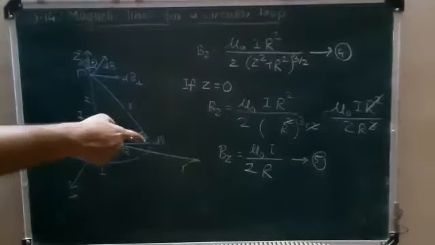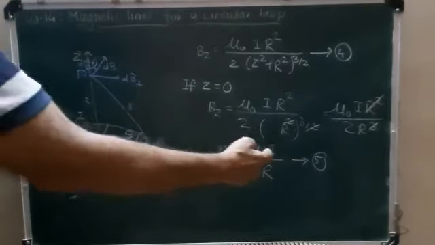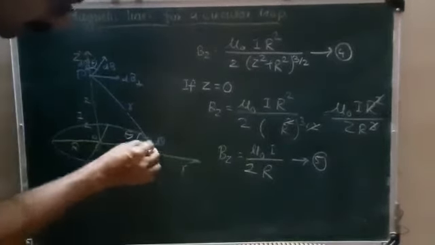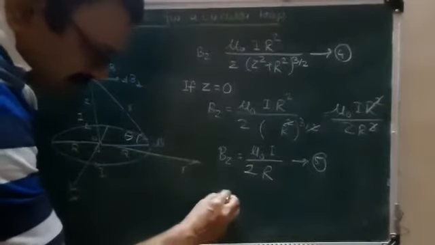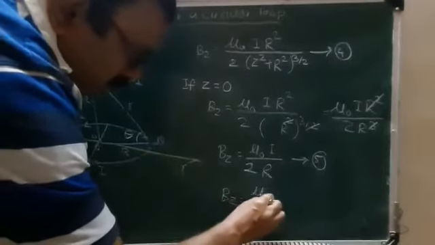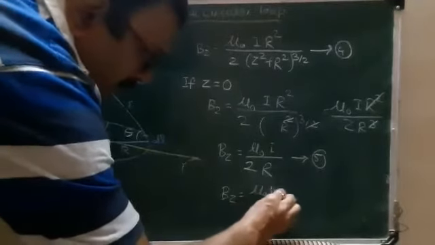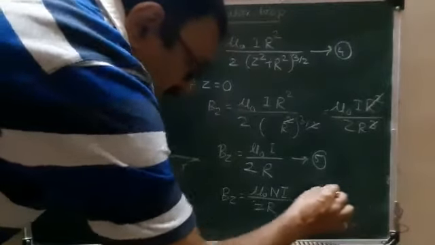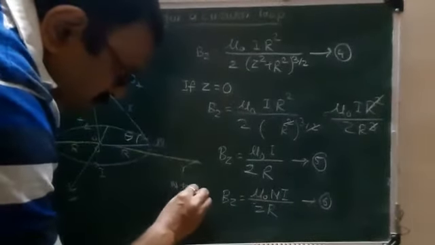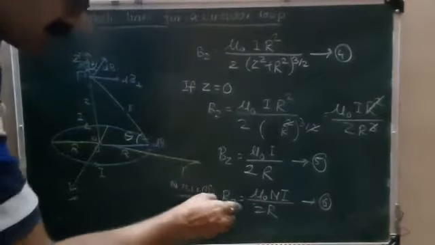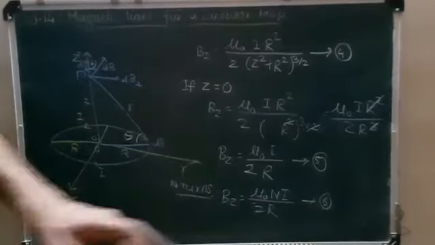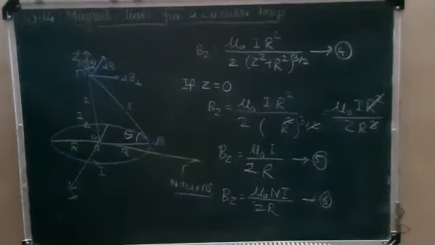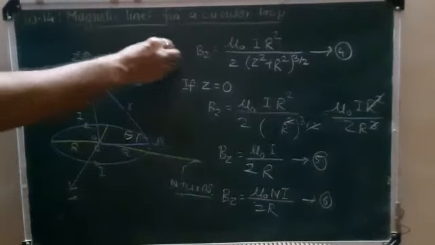If there is only one turn, then this equation becomes mu 0 I upon 2r. If there are n number of such turns present, then this equation becomes Bz is equal to mu 0 N I upon 2R. Call this equation number 6. Here, about the magnetic lines of force, suppose this one is a circular loop.